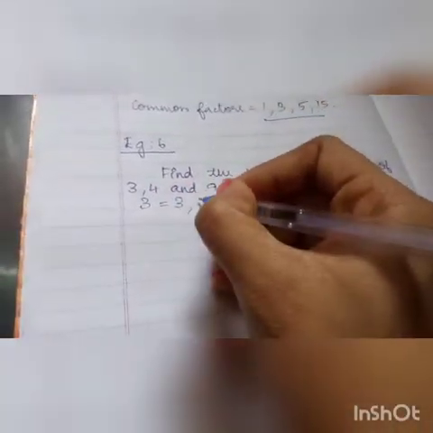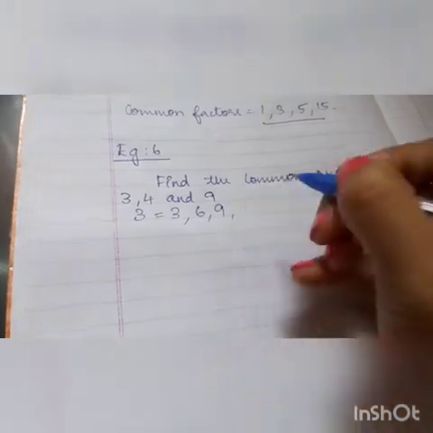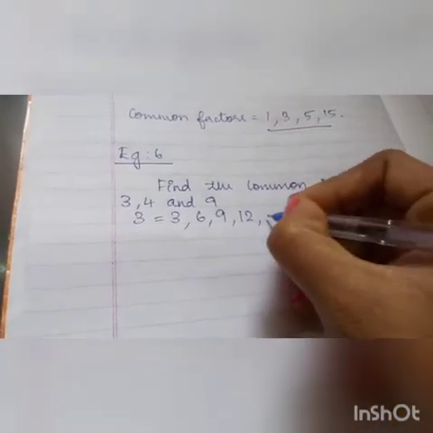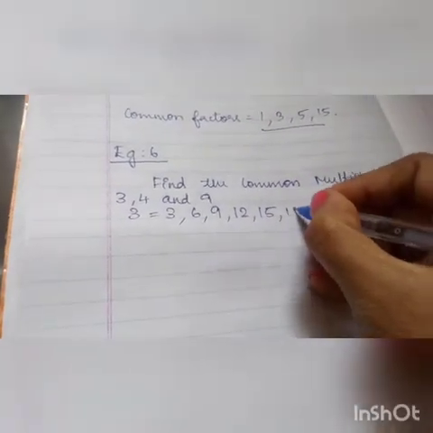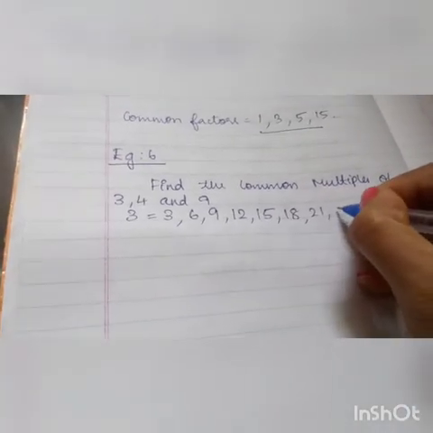Okay. So, what is the multiple of 3? 3 ones are 3, 3 twos are 6, 3 threes are 9, 3 fours are 12, 3 fives are 15, 3 sixes are 18, 3 sevens are 21.